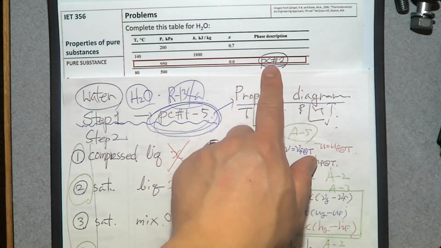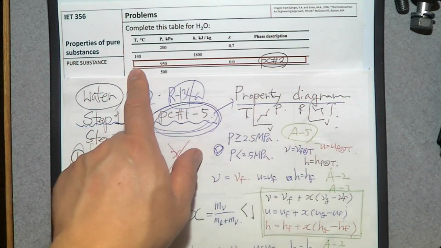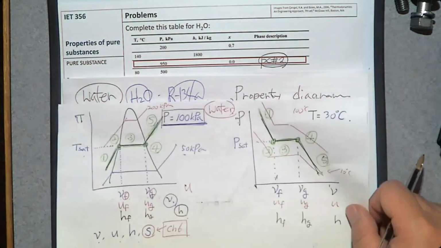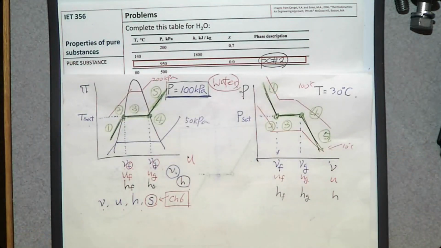Then what do we need to determine? Temperature. If you have a saturated liquid, which is this number 2, what is the temperature? Saturation temperature. So we need to find saturation temperature at 950 kilopascal, right?